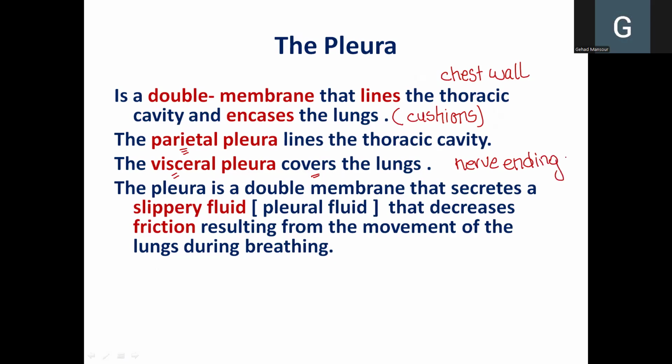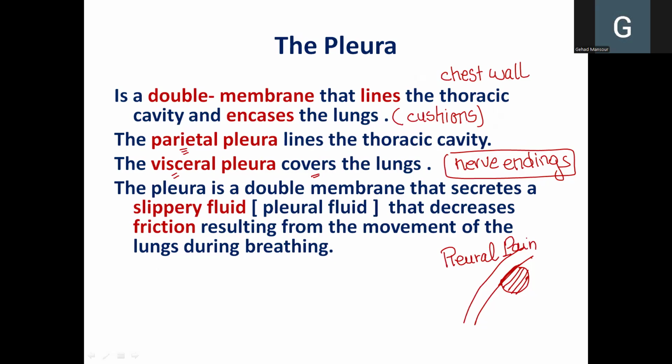And the fact that they contain sensory nerve endings is very important because if there is an underneath inflammation or mass tumor, whether it is a benign tumor or malignant tumor, it might cause irritation of the nerves in the pleura and might cause, as we said before, sharp pleural pain.